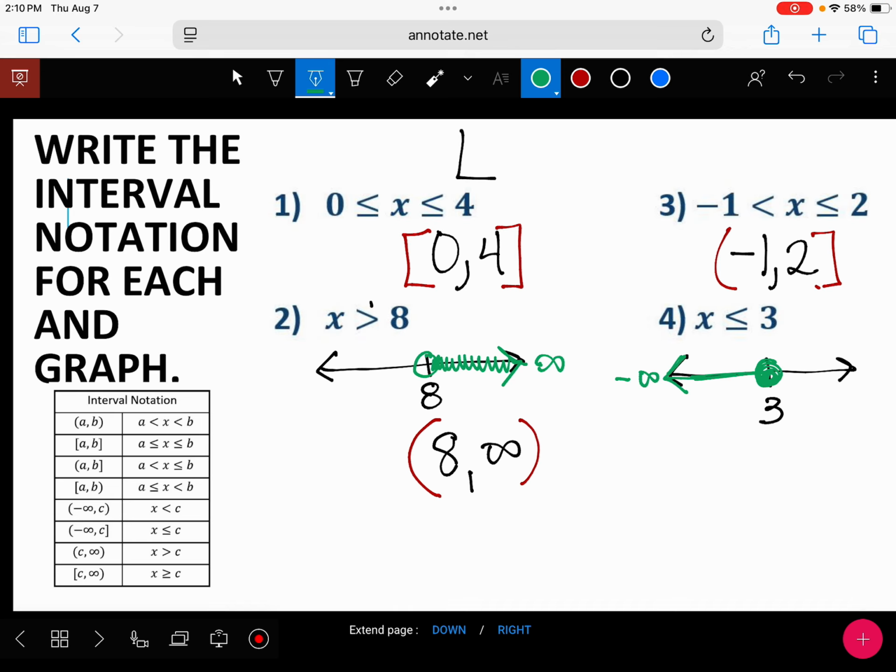So this interval is starting at negative infinity and it's stopping at 3. Negative infinity, just like positive infinity, gets a soft parenthesis, and 3 will get a hard bracket.